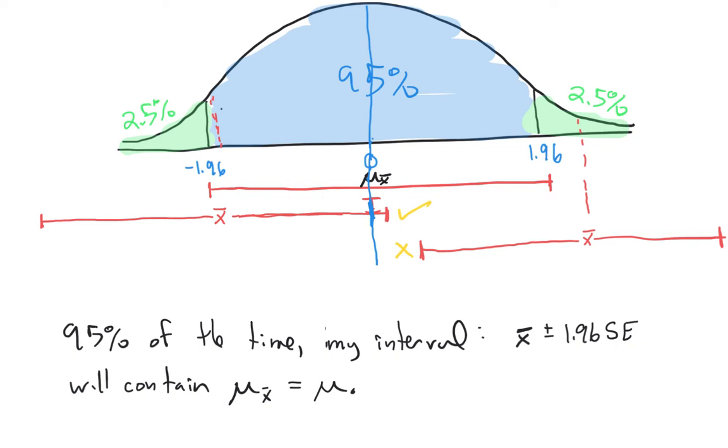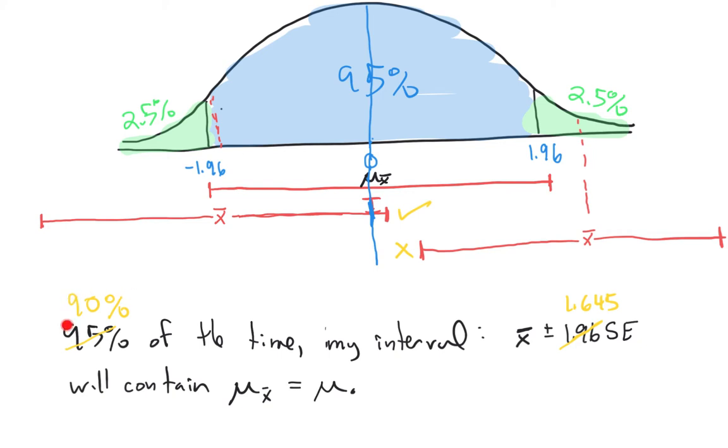And in some sense, there's nothing particularly special about this number 95. We could pick whatever number we like. Maybe we want to do something like 90. If we did 90 instead of 95, then you can check in your table that the z value that gives us the middle 90% is plus or minus 1.645 standard errors instead of 1.96.